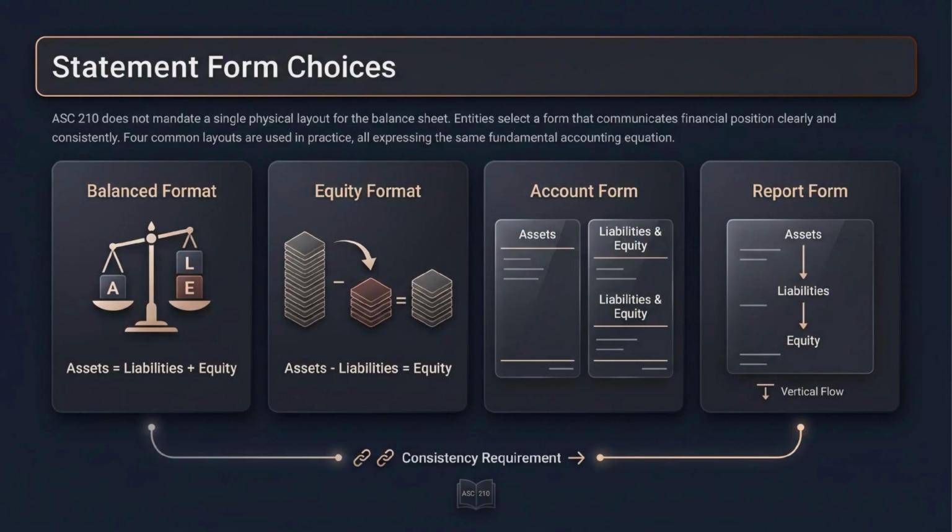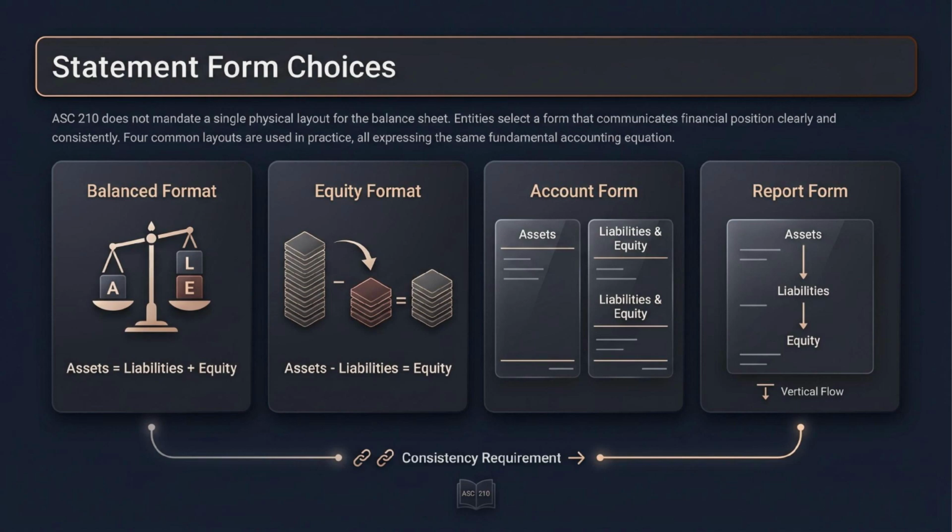ASC 210 does not force one single physical layout for the balance sheet. Different formats can be used as long as the statement communicates financial position clearly and consistently. The balanced format shows the classic equation: assets equals liabilities plus equity. The equity format rearranges the same idea as assets minus liabilities equal equity, which is common in some reporting contexts.